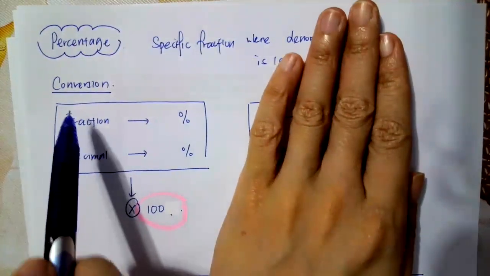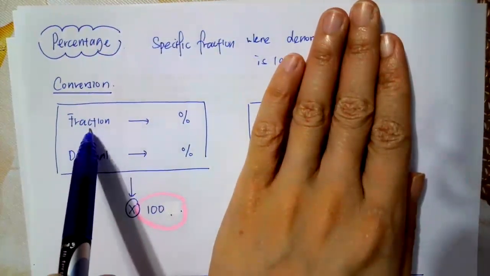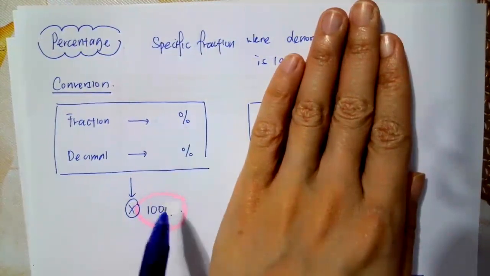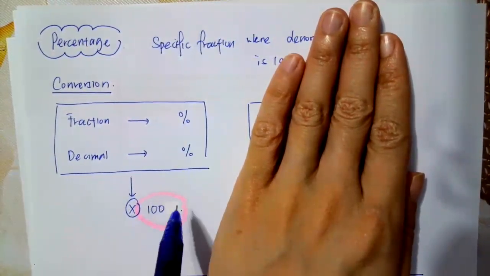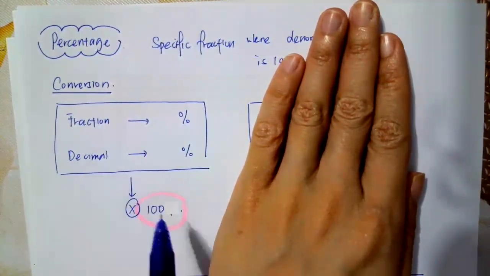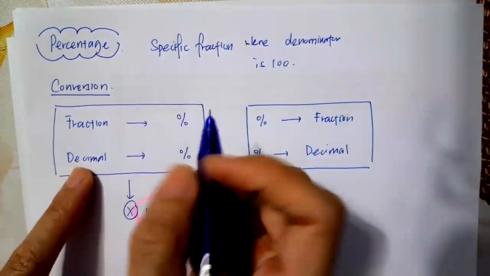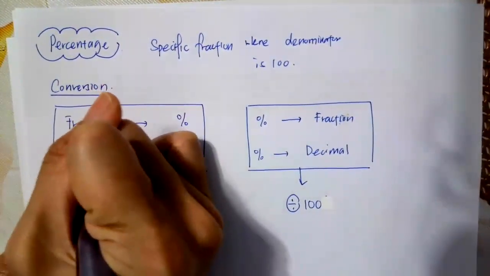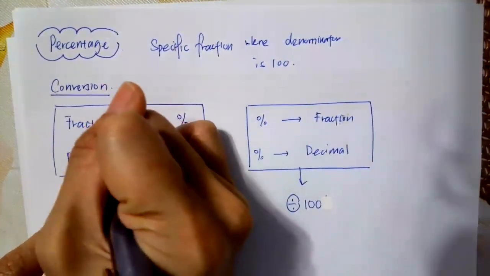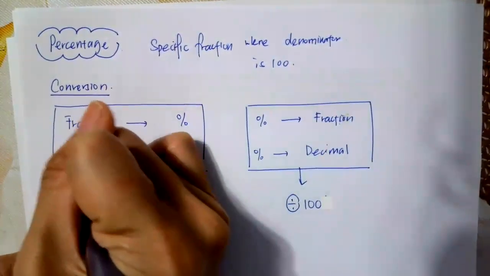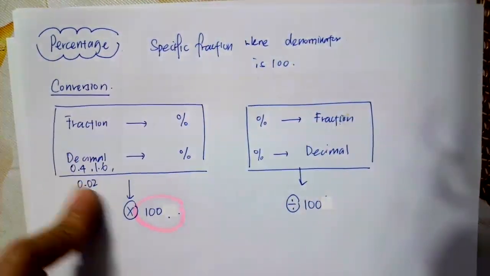So starting from the conversion, for fraction to percentage and decimals to percentage, just remember you simply times 100. So when you see fraction, you see decimals, you times 100. What kind of things constitute as decimal? If you see 0.4 or you see 1.6 or you see maybe 0.02, these are all decimals.